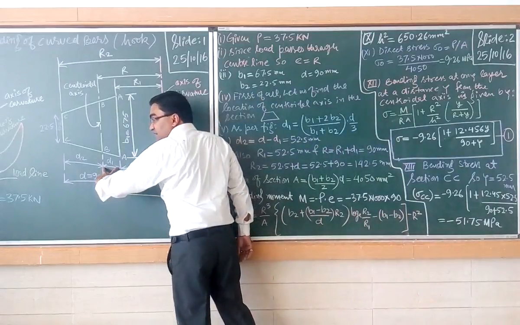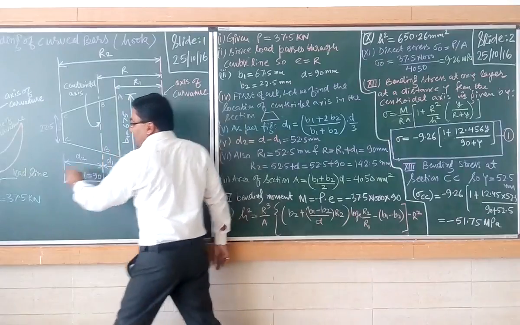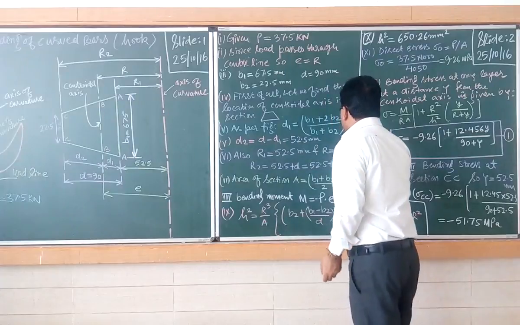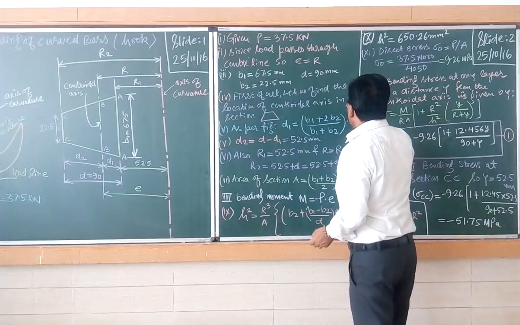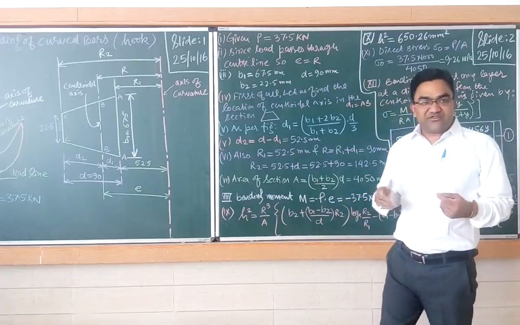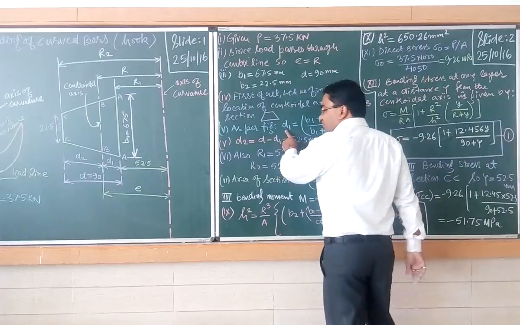D1 is the distance from the base, meaning the innermost fiber, from A to B. So D1 is the location of your centroid.